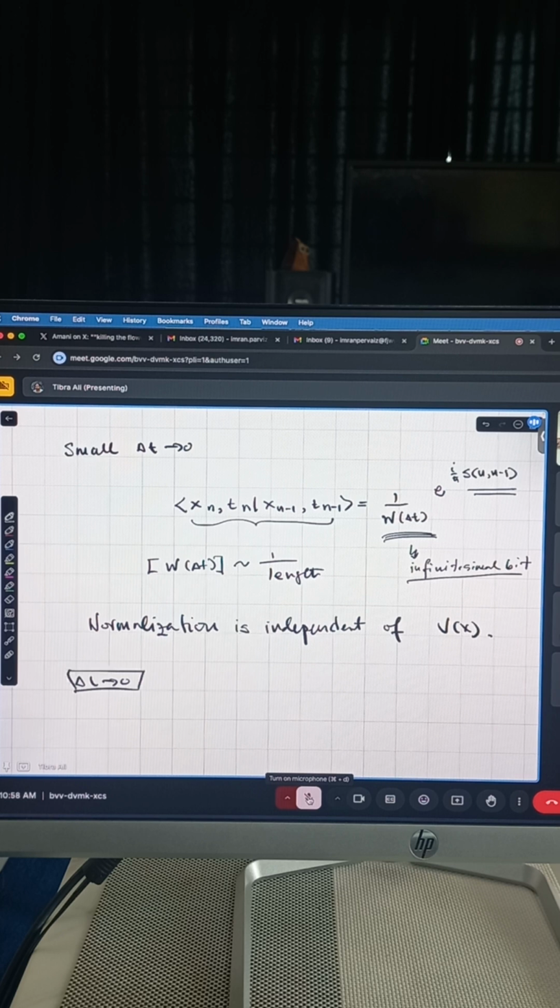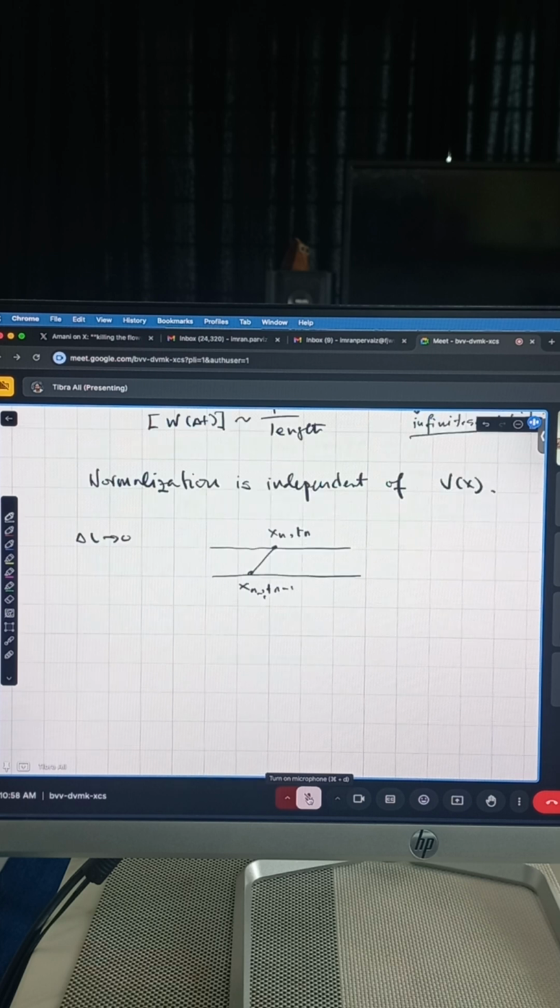So in the delta t going to 0 limit, we can assume that the particle, if it's traveling from, say, x_{n-1} at t_{n-1} to x_n at t_n, is traveling along a straight line. So the action that we associate with this, well, the continuous version of this action is this.